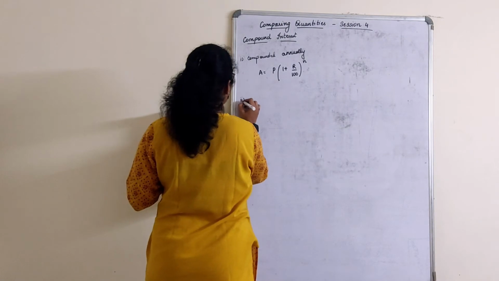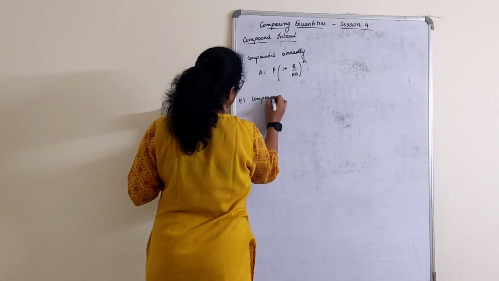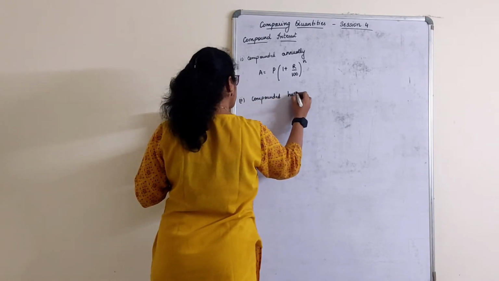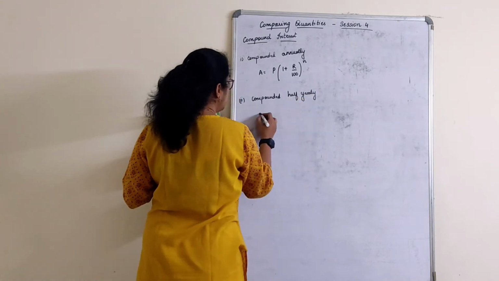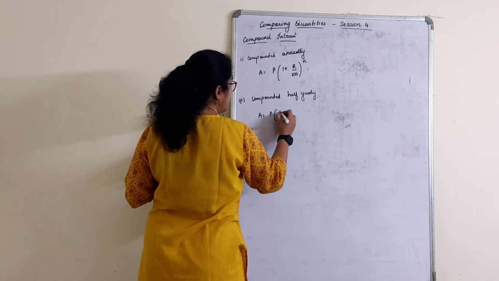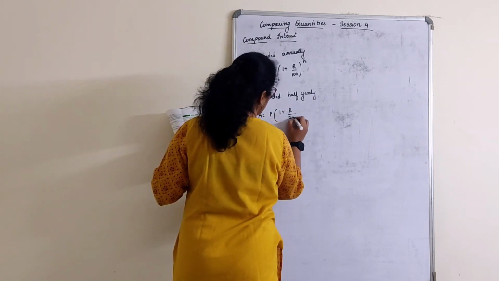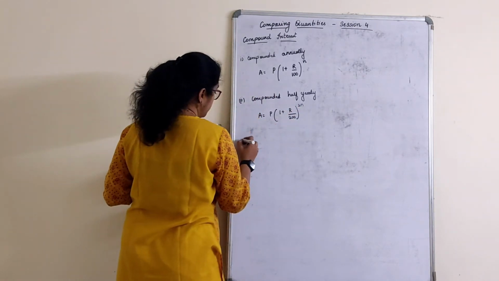Second part, compounded half yearly: amount is equal to principal times (1 plus R by 200) raised to 2n.